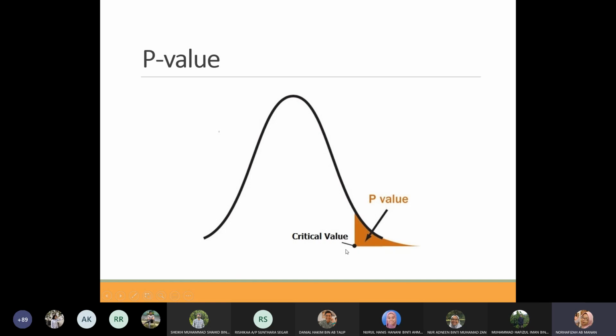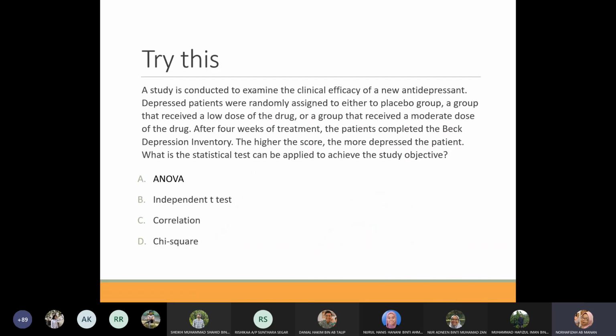So the significance level is always 5%, and we compare it with the p-value. If the p-value is less than 5%, we reject the null hypothesis, the rejection area. If it is more than 5%, you are not able to reject the null hypothesis.